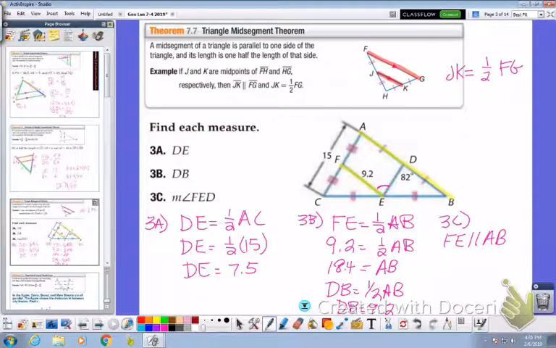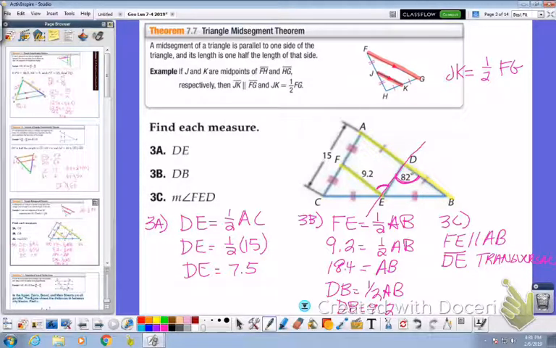If they're parallel, cut by this transversal, DE is my transversal. Then what type of angle is this and this one? They are alternate interior angles.